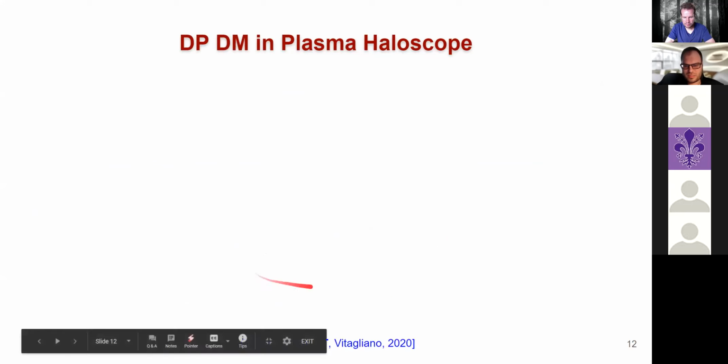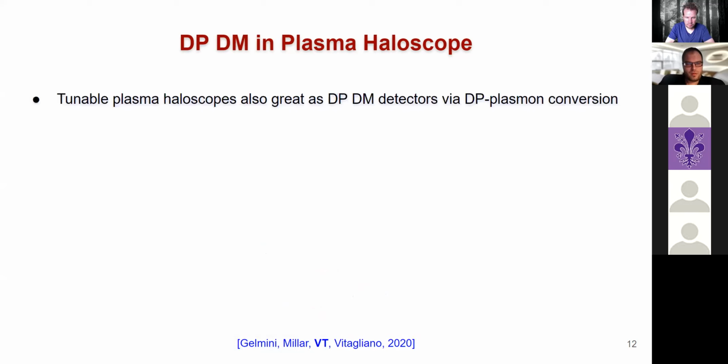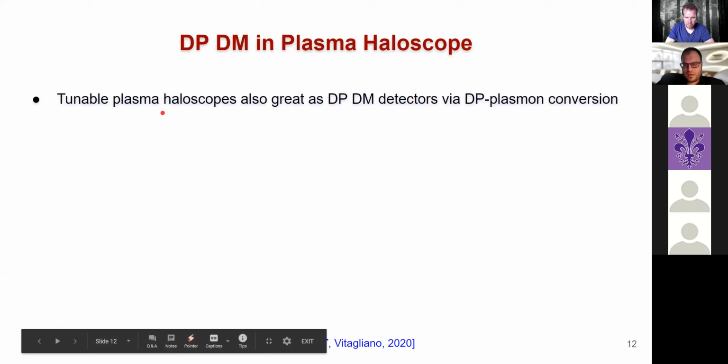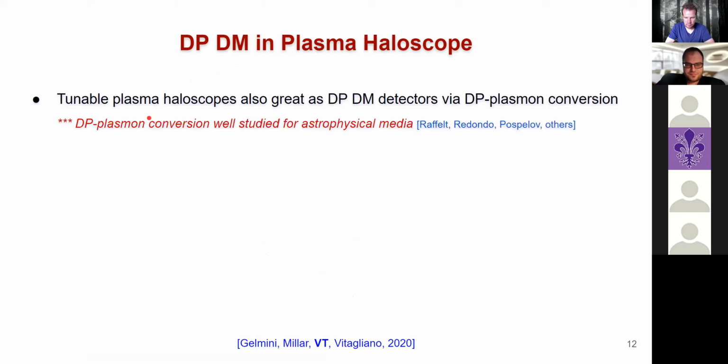Now, in this recent work with Graciela, Alex Miller, and Edoardo Italiano, we pointed out that these tunable plasma haloscopes that have been proposed are also very good for dark photon searches. Right. And here, similar to the case of the axion, you have the dark photon-plasmon interaction.